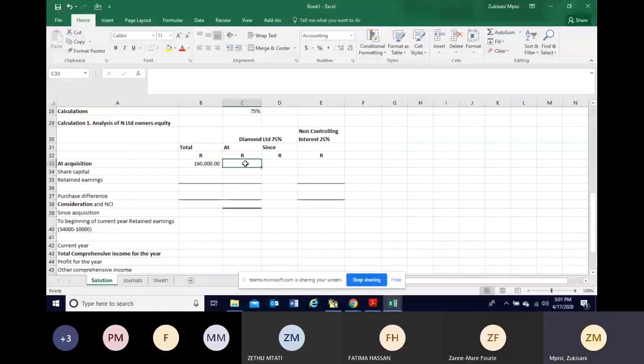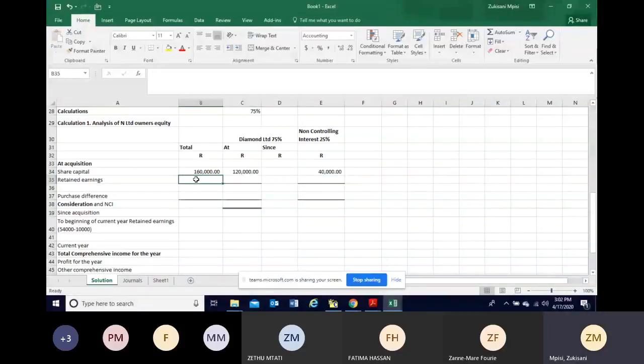So Diamond, 160,000 multiplied by 75% is 120,000. And the non-controlling interest will be 160,000 multiplied by 25%, which is equal to 40,000. Sorry, I'm just not putting it in the right line.